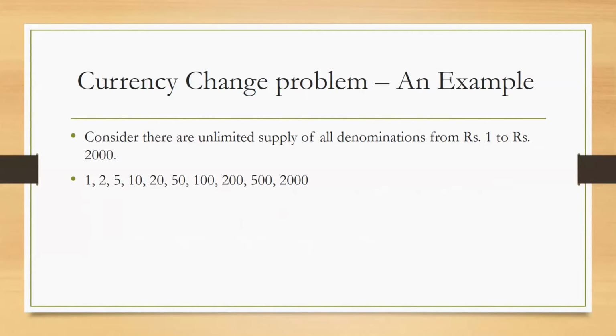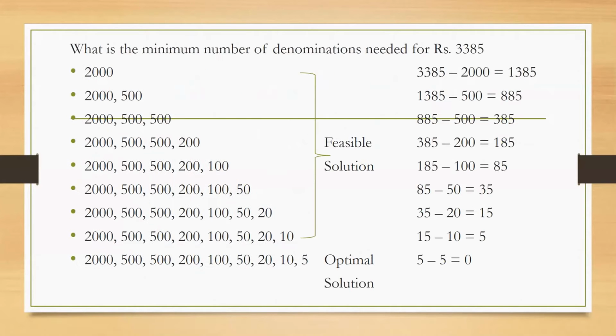So the problem is, if you have an unlimited supply of those notes or coins, what is the minimum number of denominations needed for one particular amount? For example, 3,385. What is the minimum number of denominations that you need to make this amount, 3,385? So that is the problem.